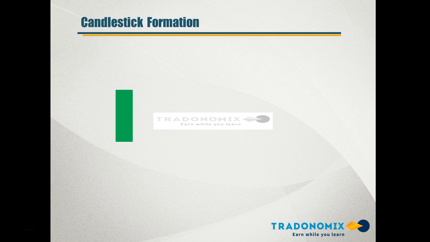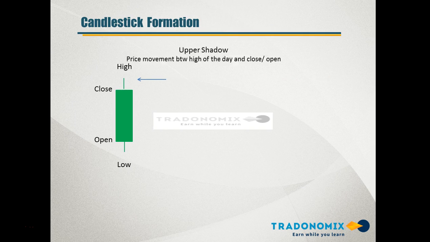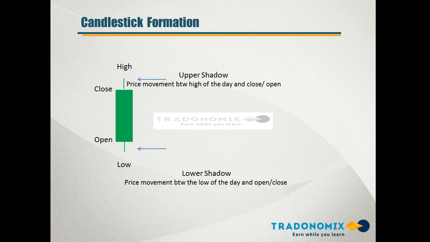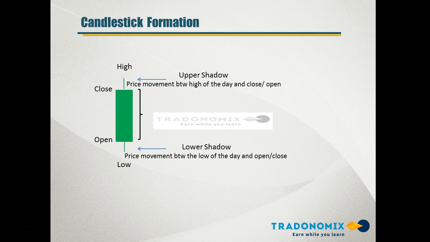Let's understand the formation of a candle, or rather how you read a candle. The candle, like a typical candle, has a body and it has a wick. Here we have two types of wicks. One is the upper shadow and the other is the lower shadow.